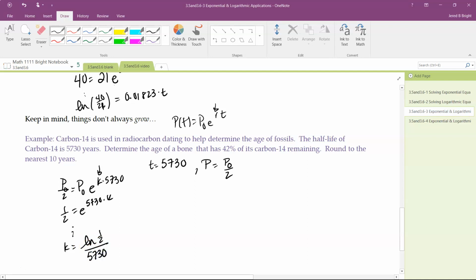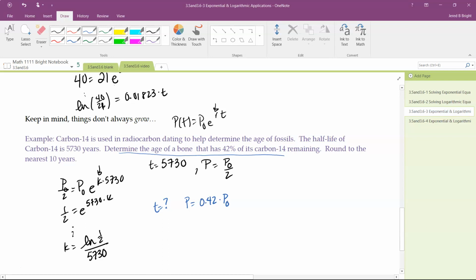Now, yes, you can round if you need to. I'm not going to. But now what I really want to know, the question being asked of me, is how old, so t I don't know, is a bone that has 42% of its original. So now the amount remaining is 42% of its original, so that's 0.42 times P0.